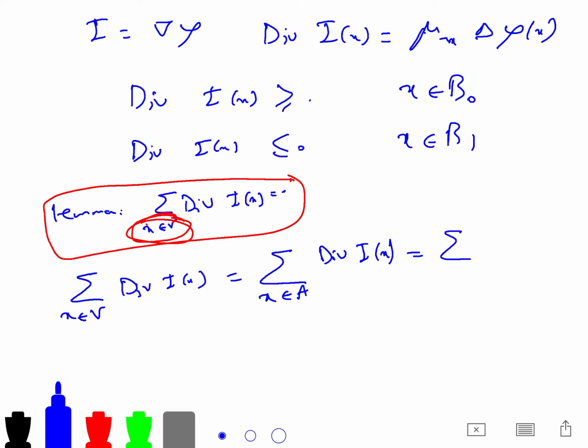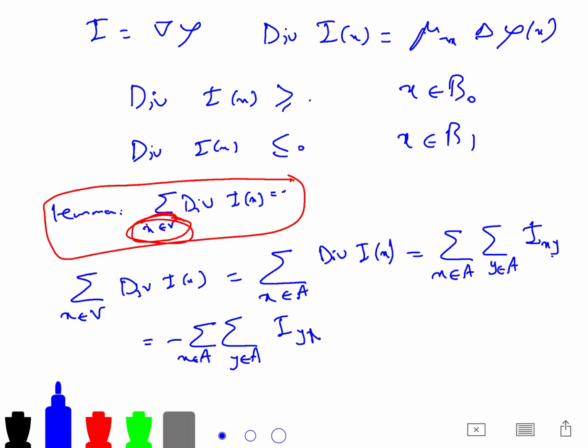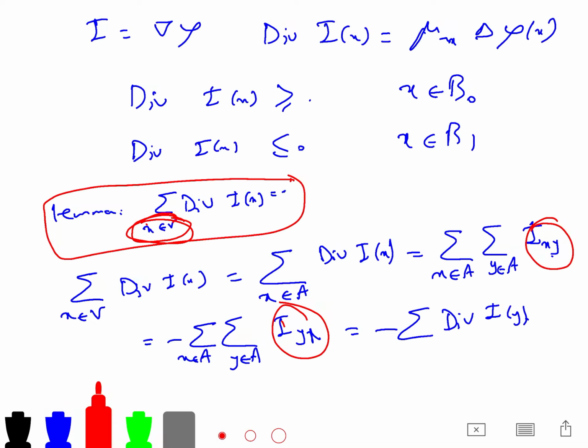And this is equal to the sum over A of I of xy, and this is equal to minus the same thing here, I of yx, not xy. So this is just the minus of this. And this is minus divergence of I of x. So this is just a simple proof of this lemma that I need to use.